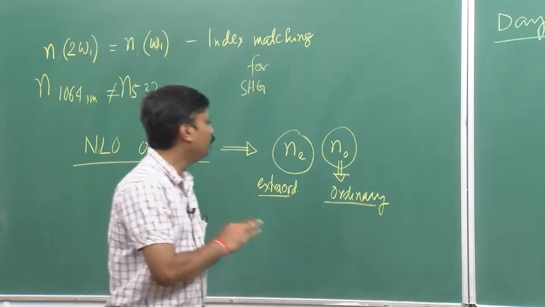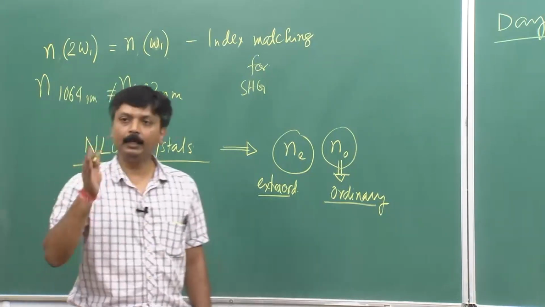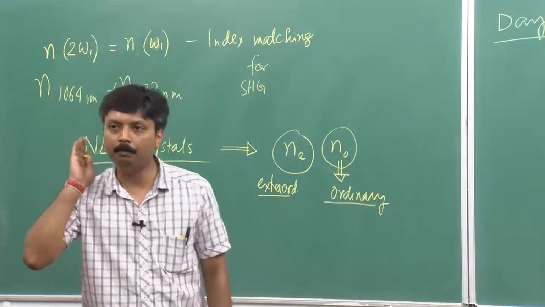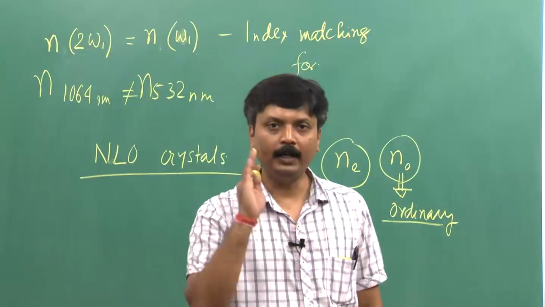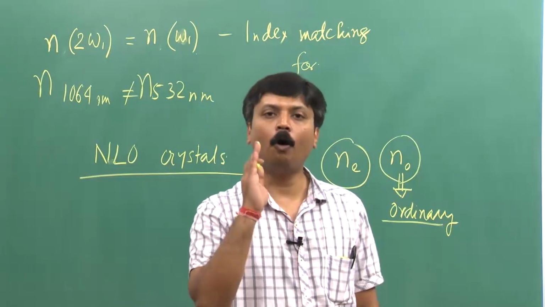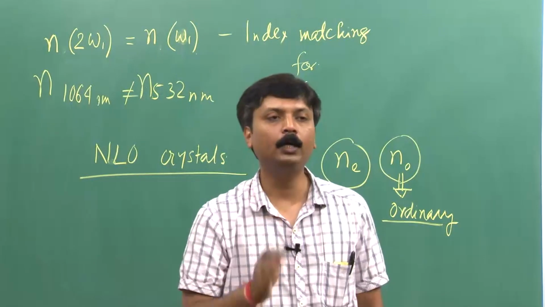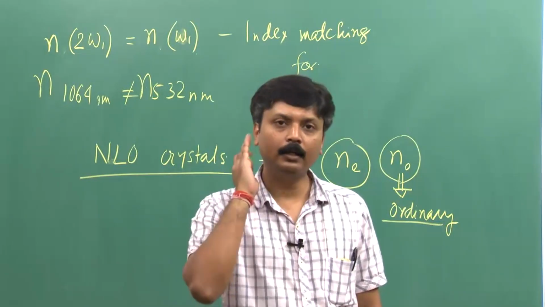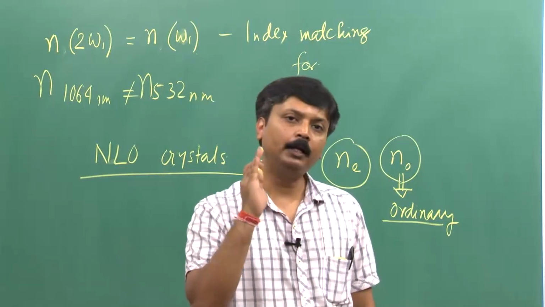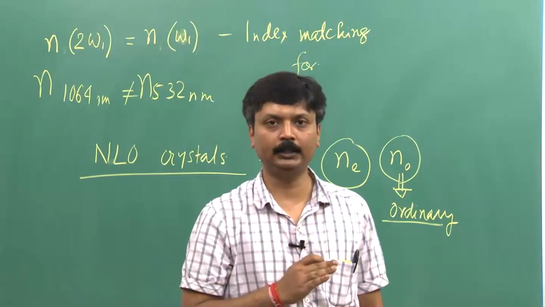So, what you have to do is first identify the optical axis through which the light will pass without any kind of change. You have to identify the optic axis of that birefringent crystal, the NLO crystal that we are talking about, and send the incident field at a particular angle with respect to that optic axis of the crystal.